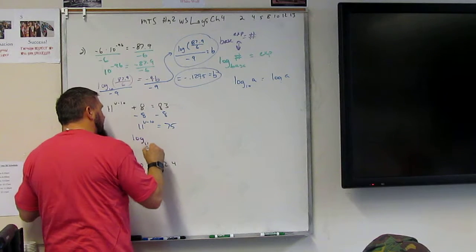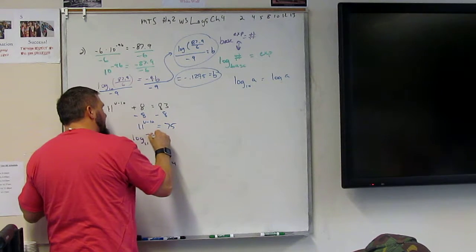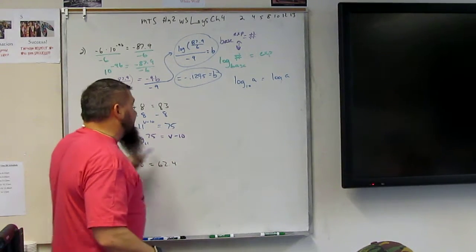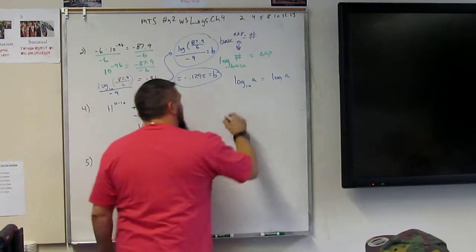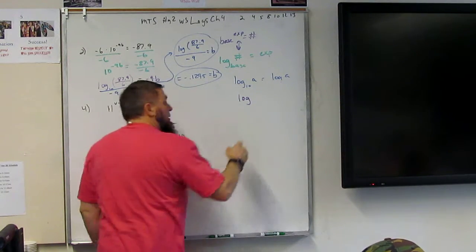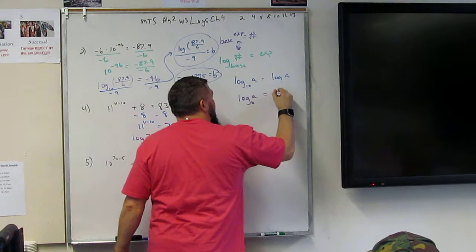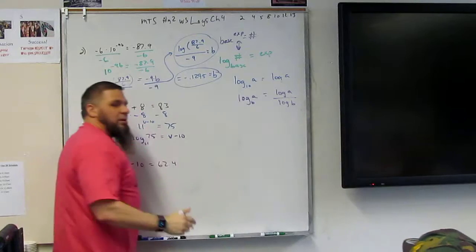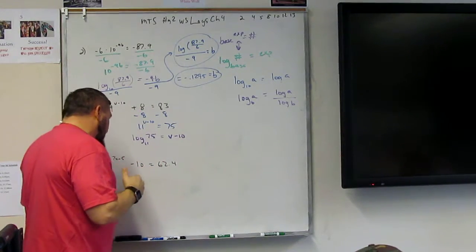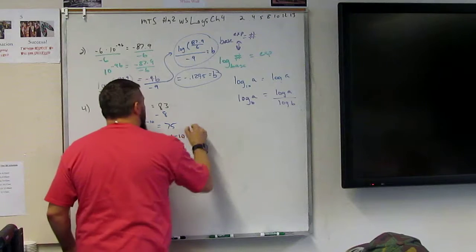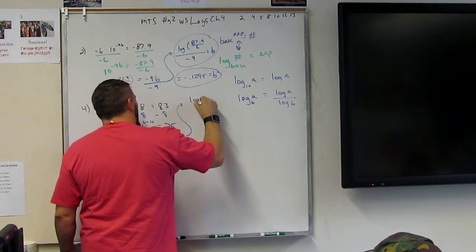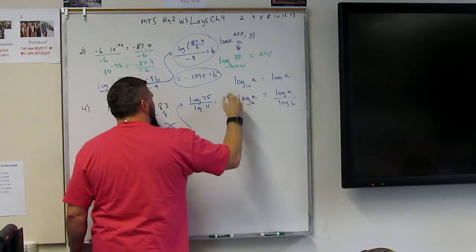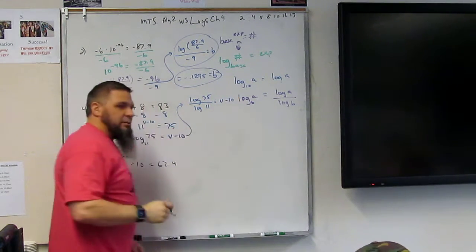Log base 11 of the number 75 is equal to v minus 10. Now log base 11 is not log base 10. So I need a rule. Log base b of a is equal to log of a divided by log of b. Okay? So this has to be changed. Log of 75 divided by log of 11 is equal to v minus 10.